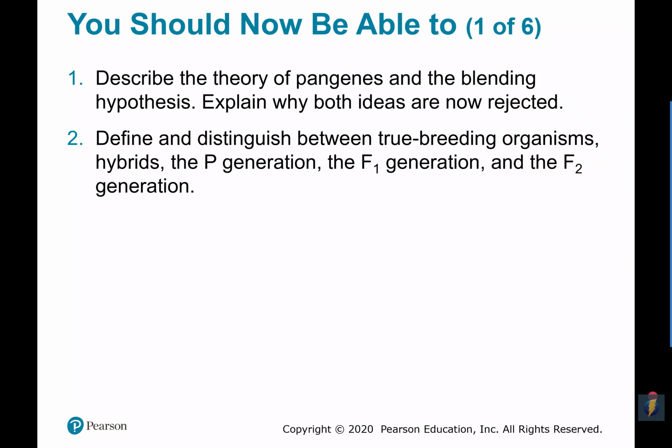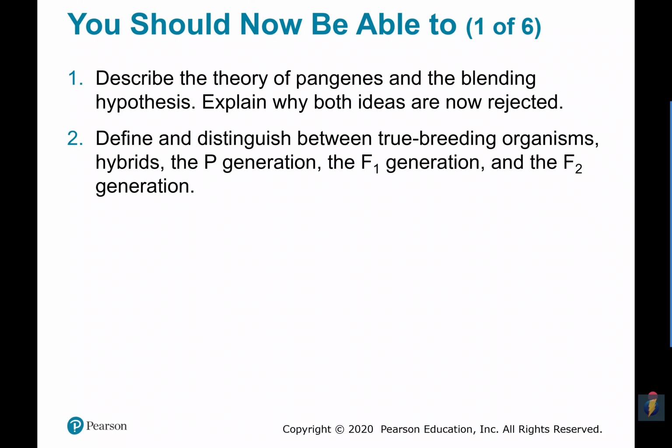So to wrap up this chapter, we started off with the blending hypothesis and pangenes and why that doesn't work. We talked about terminology in terms of our P, F1, F2 generations, hybrids versus true breeds, right?